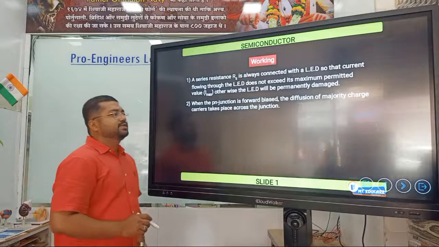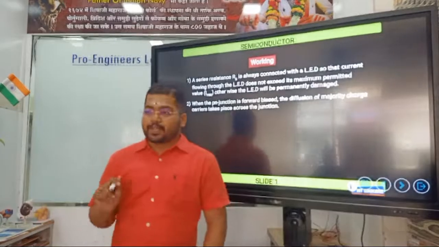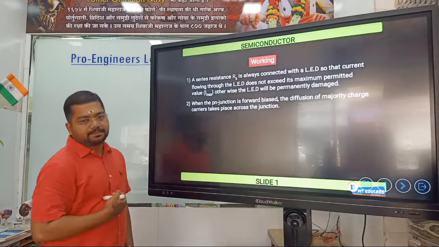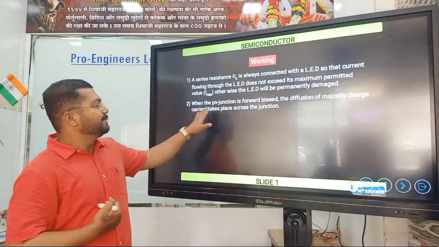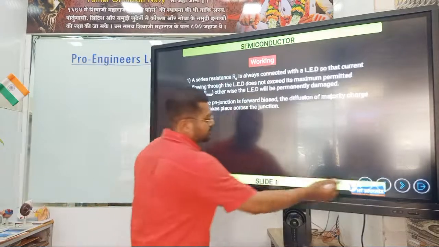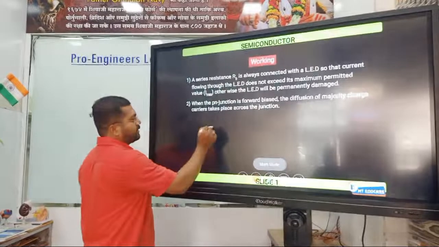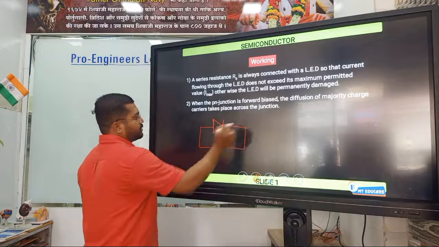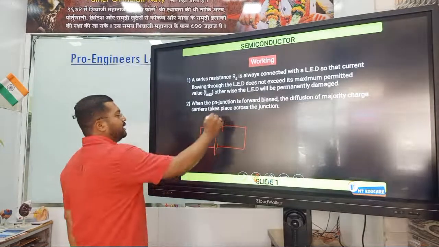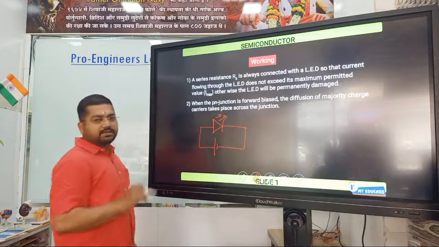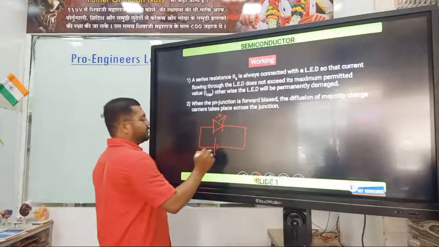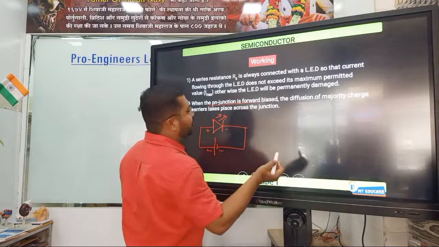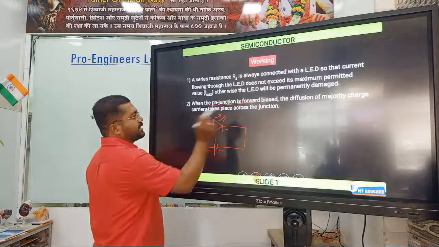Sir, we did not understand this. What is said? When the PN junction is in forward bias... what did sir explain to you in the first part? When it is in forward bias, when positive is connected, right? Only the symbol will change with arrows, otherwise the diagram remains the same. So here positive, negative, positive, negative. When the PN junction is forward biased, the diffusion of majority carriers takes place across the junction.